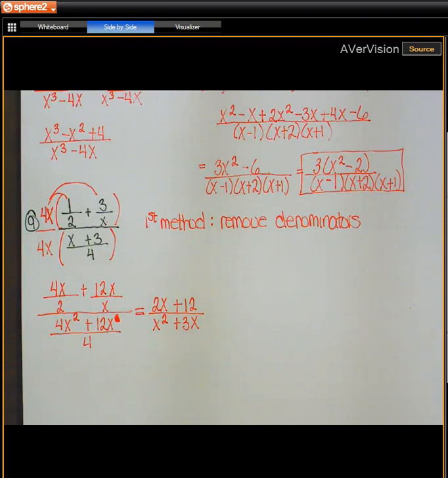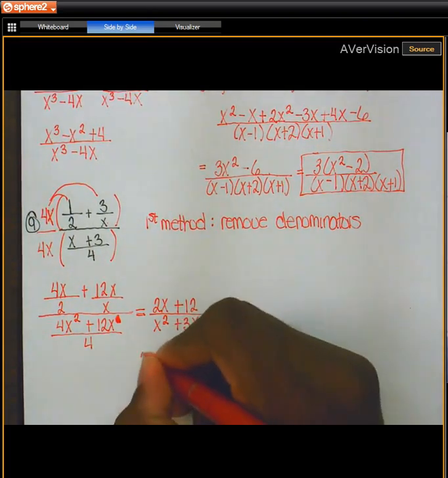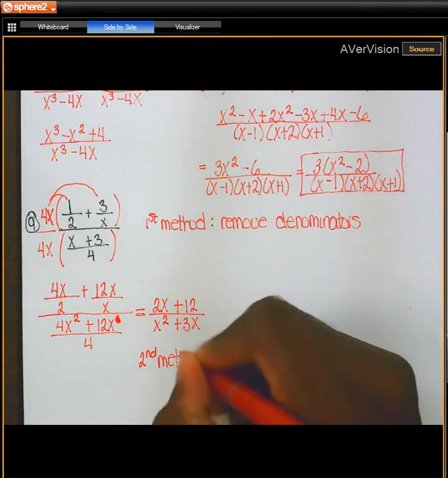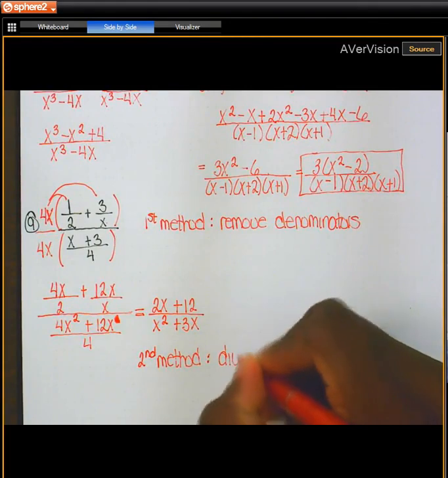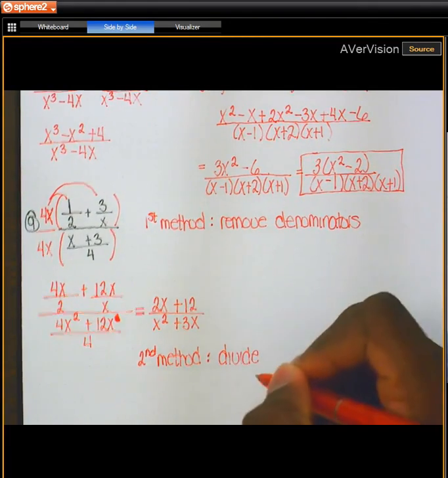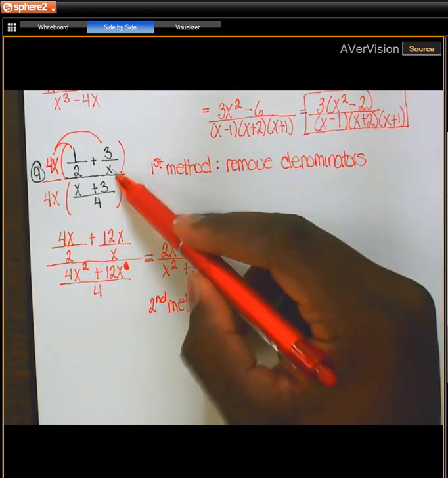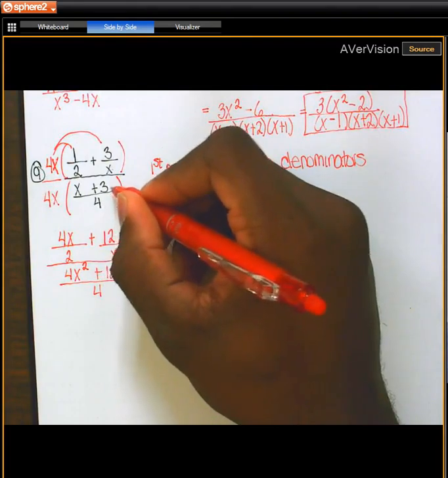The second method is to just divide. When we're dividing fractions, remember that's the same thing as multiplying by the reciprocal of the denominator.